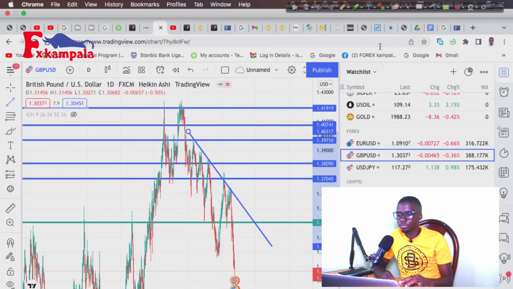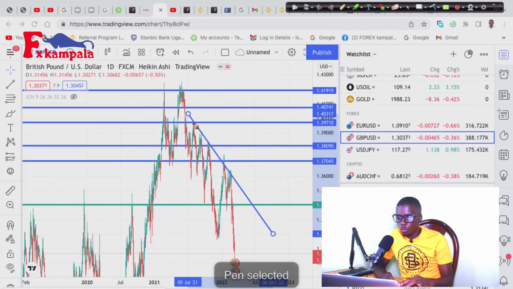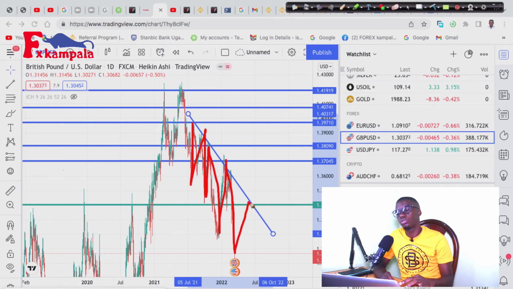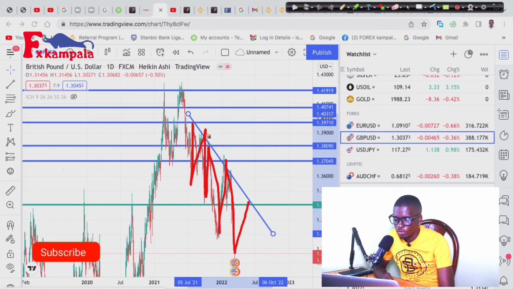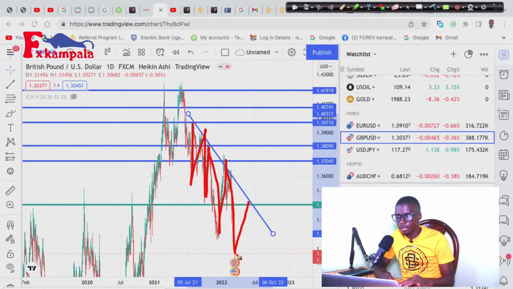We again see a perfect buy, because we expect it to come back to this particular major resistance, which is both trending and horizontal. So we see ourselves buying from here and expecting to reach this point.